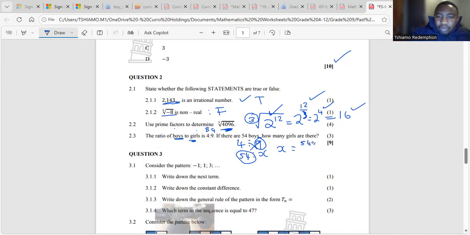So 54 times 9 over 4. This is 121.5, which is 121. So there will be 121 girls.